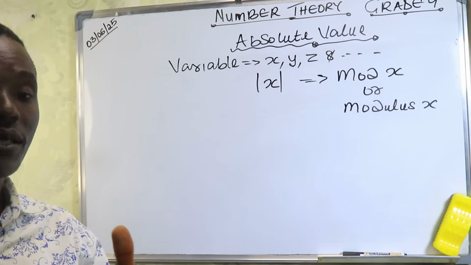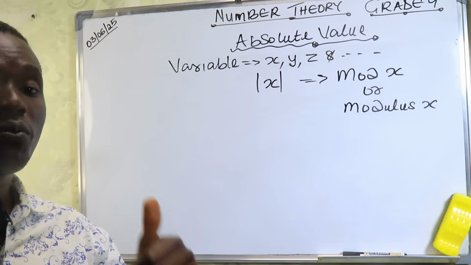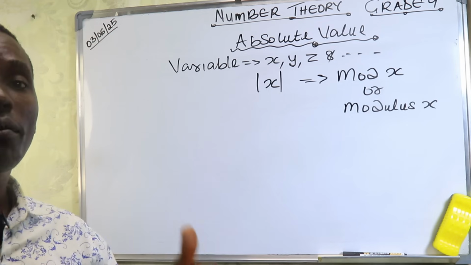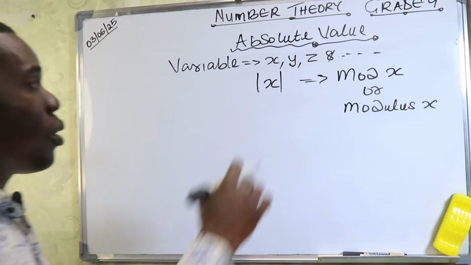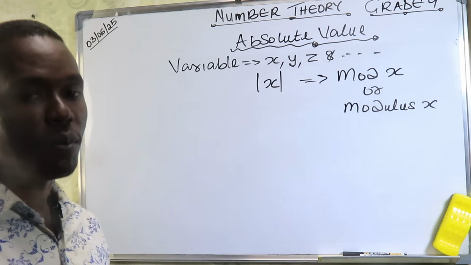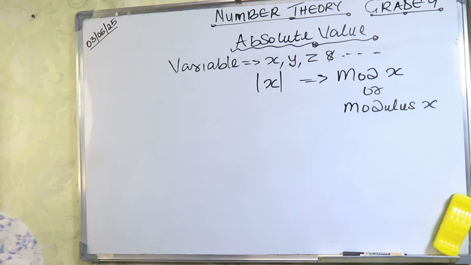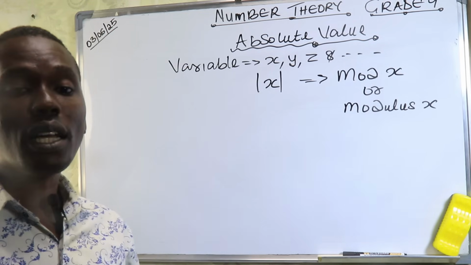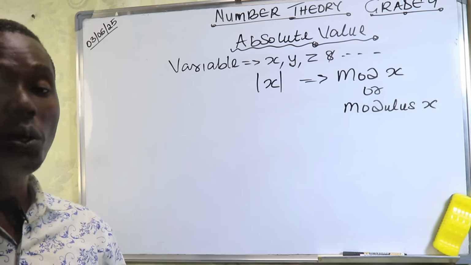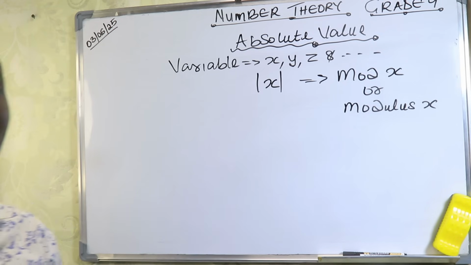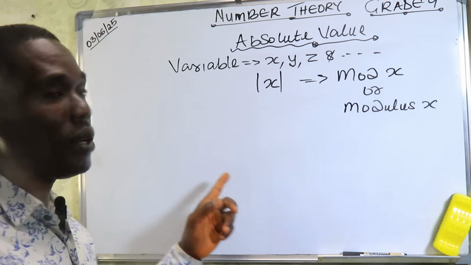Now take note of that, it is very important. Absolute value is commonly referred to as the numeric value or the magnitude of any variable. So absolute values only represent the numeric value, and they do not include the sign of that numeric value.